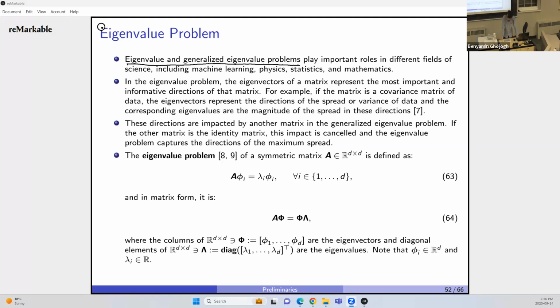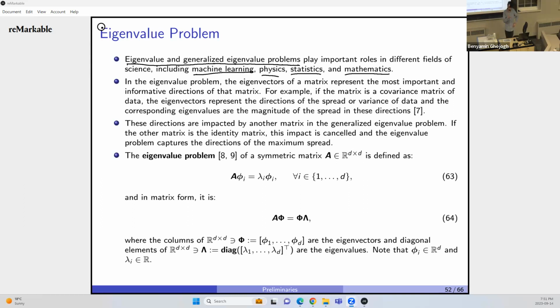I think they are the most important matrix factorization algorithms in all of mathematics and physics, including machine learning, statistics. In the eigenvalue problem, what does eigenvalue decomposition do? It simply says that I decompose it into some eigenvectors and eigenvalues, okay?